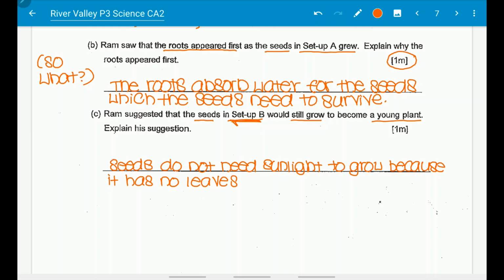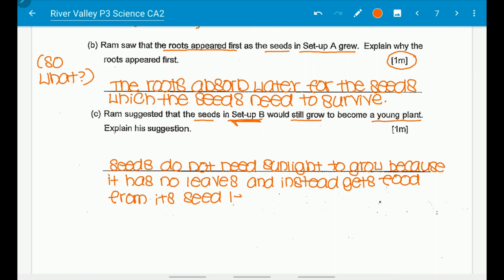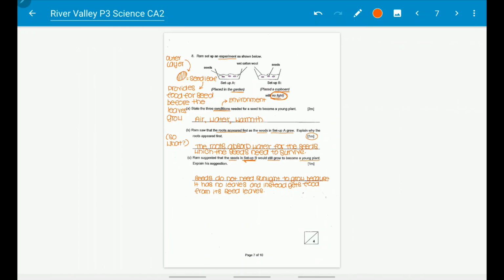So where do they get their food from? They get it from the seed leaves. So seeds do not need sunlight to grow because they have no leaves, and instead get food from their seed leaves. So it will still grow, and Ram's suggestion is correct.